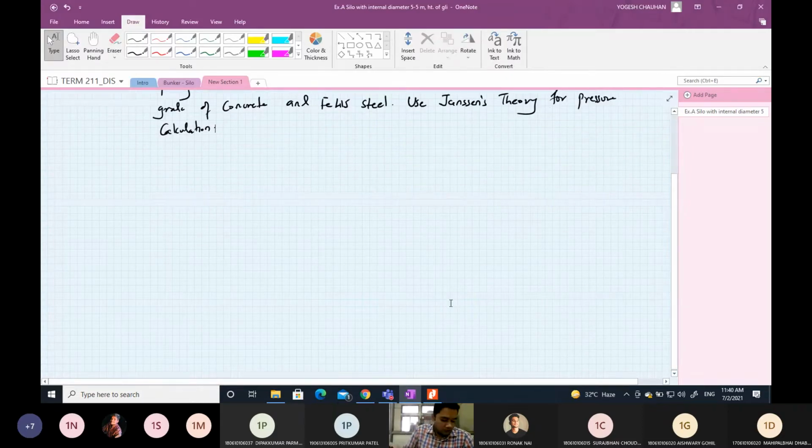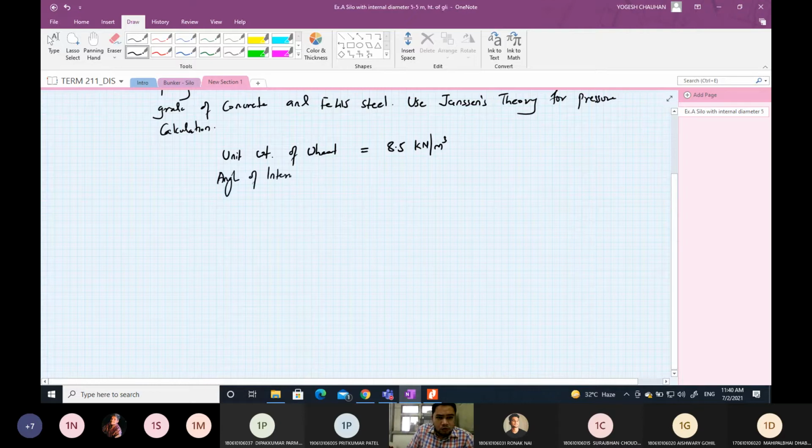So here the unit weight of wheat is 8.5 kilonewton per meter cube. Angle of internal friction, that is phi, equals 28 degree.